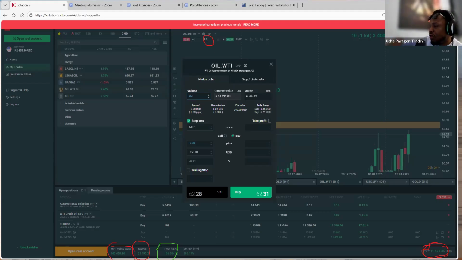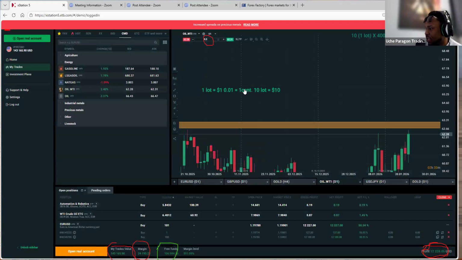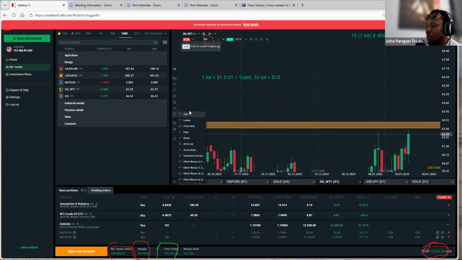Do you know that the margin needed on commodities is a bit higher than the margin needed on forex? That's why I talked about the lot sizes before.